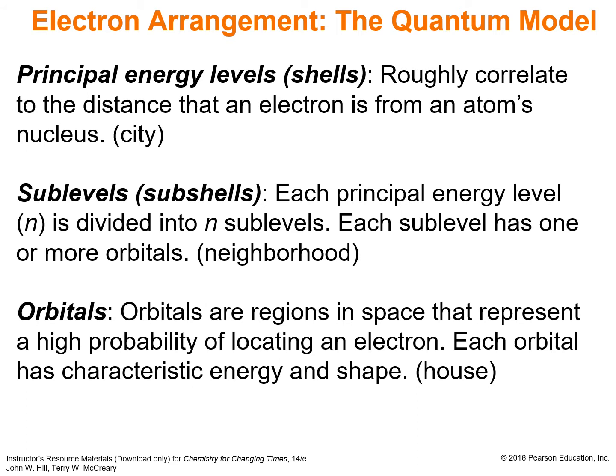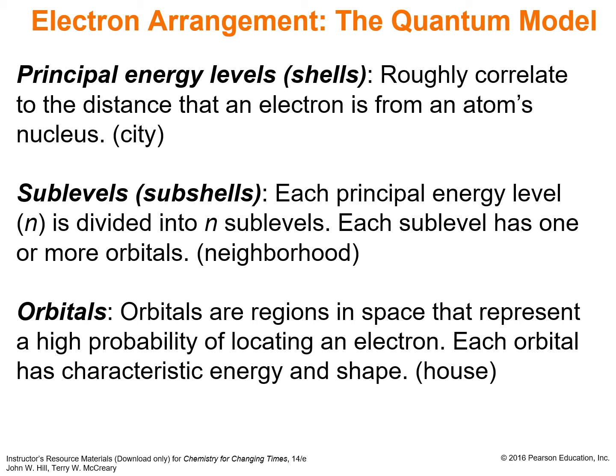The principal energy levels, sometimes also referred to as shells, they are roughly correlating to the distance of an electron from its nucleus. So think of it as a city. For example, there's a big city, right? Dallas. So that would be referred to as a shell or principal energy level.